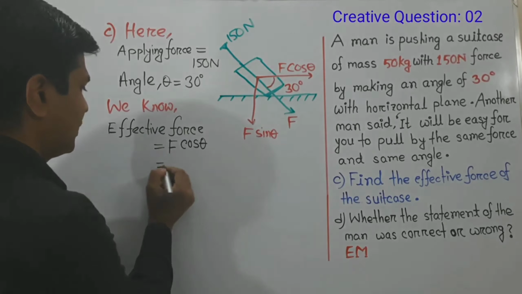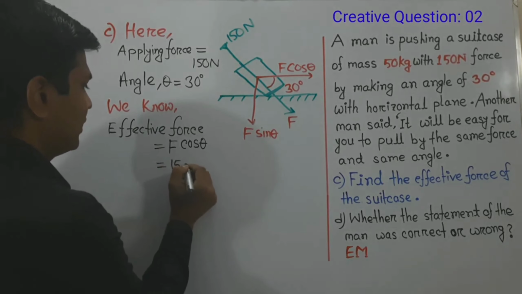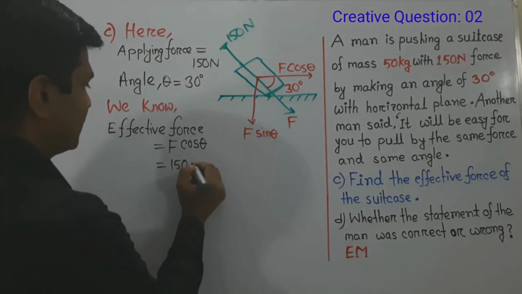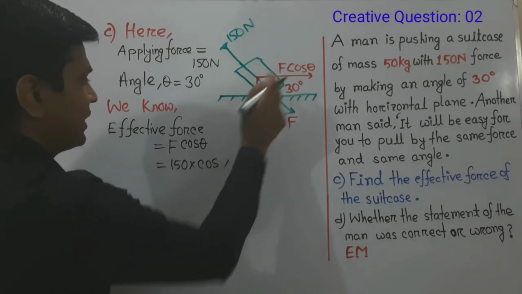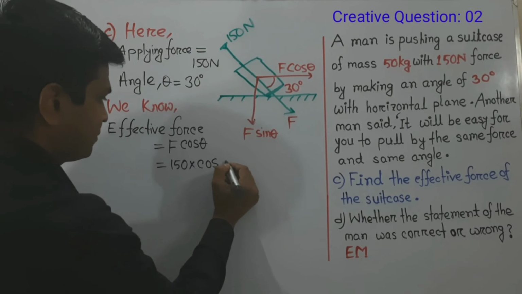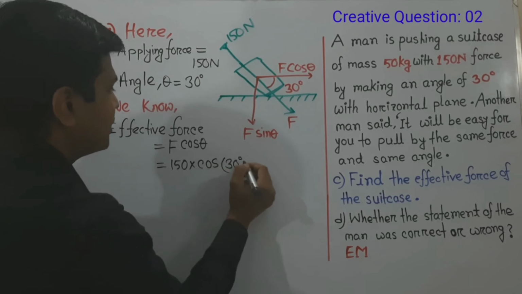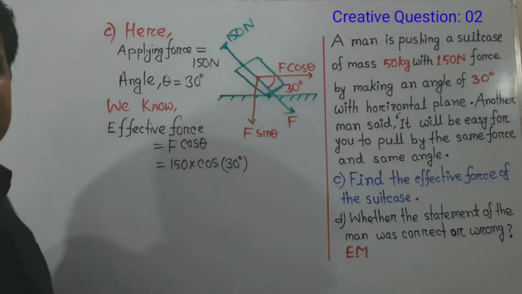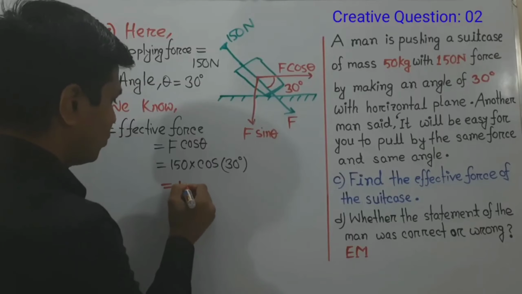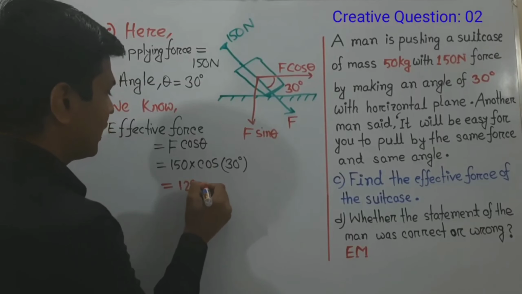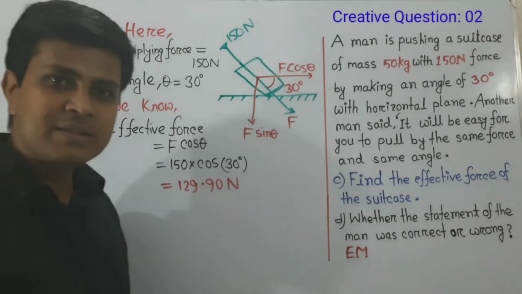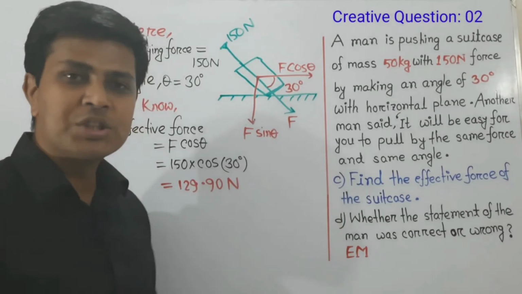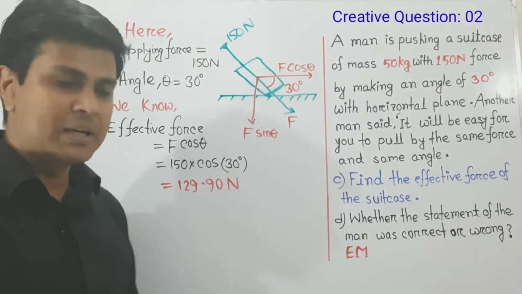F is here 150 Newton into cos, value of theta is here 30 degree, and after calculation of that expression we will get 129.90 Newton. This is the answer of the question number C. Hope you have understood.